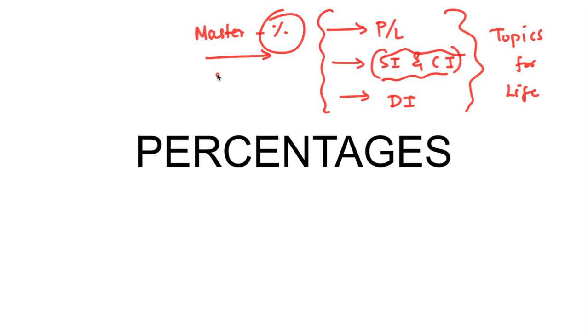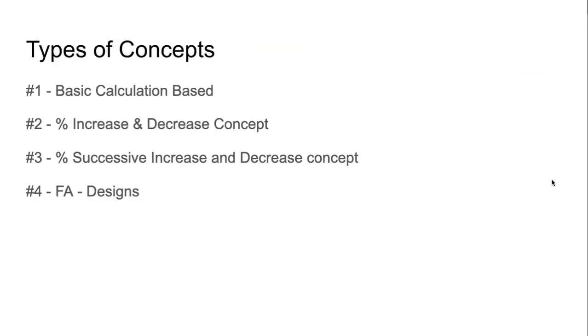Okay, coming back to the concepts in percentages, let's try to understand what the basic concepts are. The first type of concept is basic calculation based questions. For example, they might ask you what is 45 percent of 96.